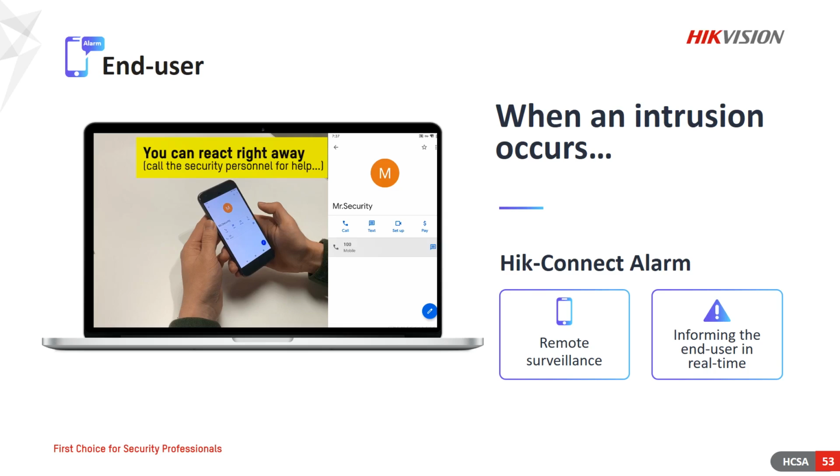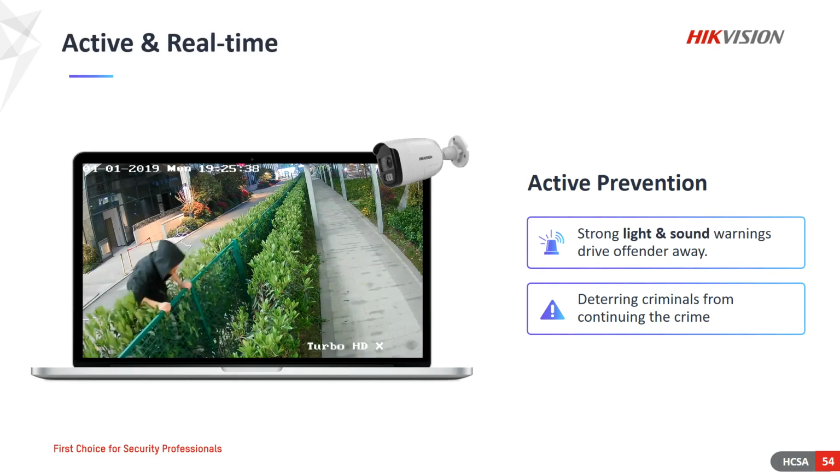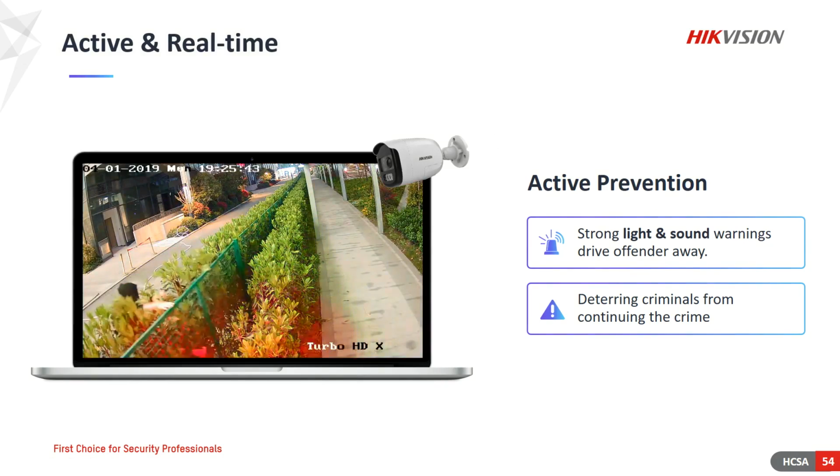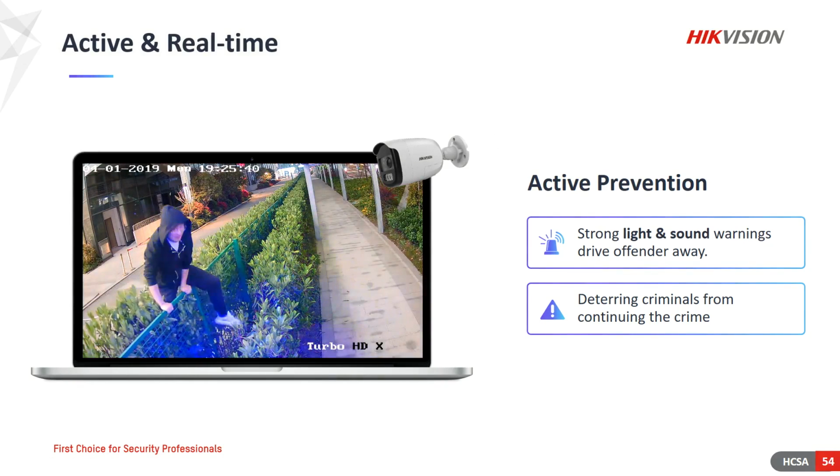This is our system, which consists of different aspects to prevent the criminal. That's why we call it active and real time, because every part of it is going to detect the criminal thing. So we are going to do property loss prevention immediately.